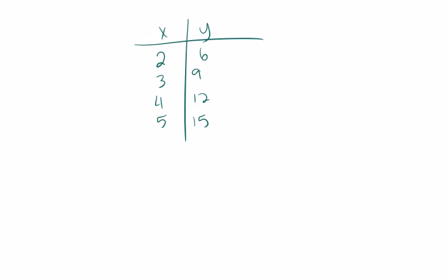This is plus 4, this is plus 6, so that's not going to work, because it'd have to be the same every time. So we tried addition or subtraction. Let's try multiplying. 2 times what is 6? Times 3. 3 times what is 9? Times 3. Do you see how these are all times 3? So our rule would be y equals 3x, because I'm taking all the x values and multiplying them times 3. So see how you can come up with the rule if you have the table?